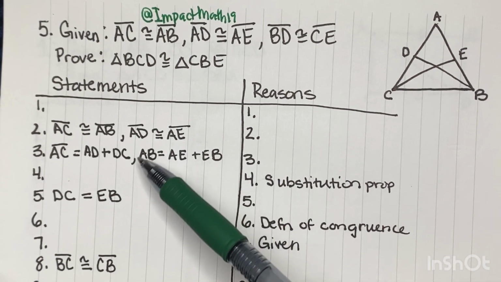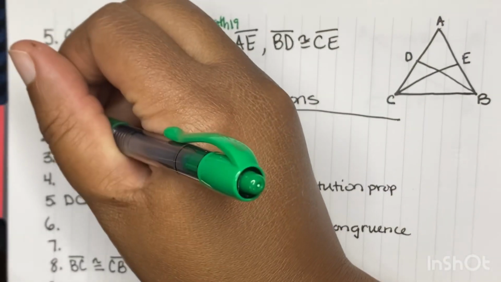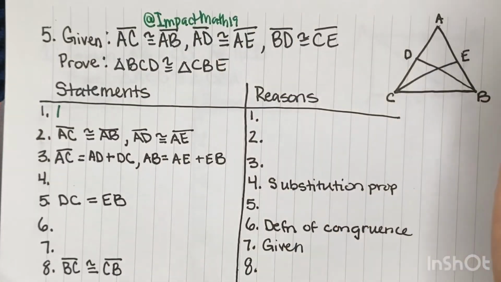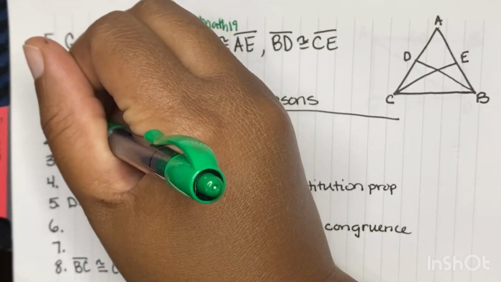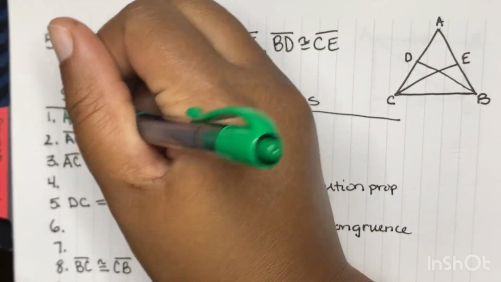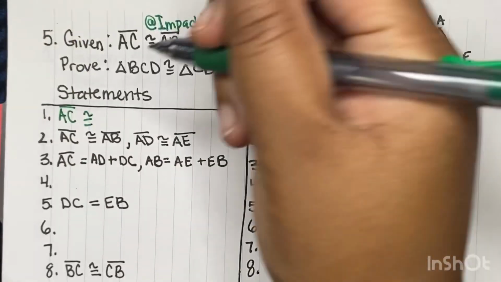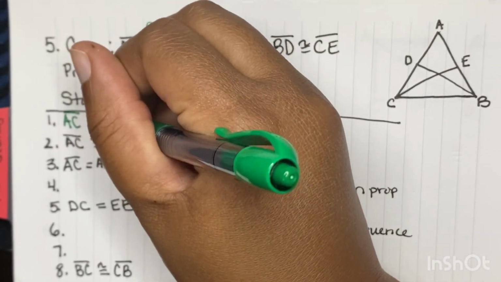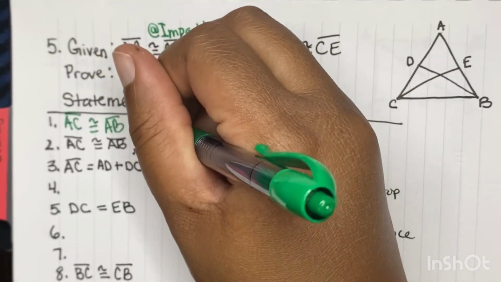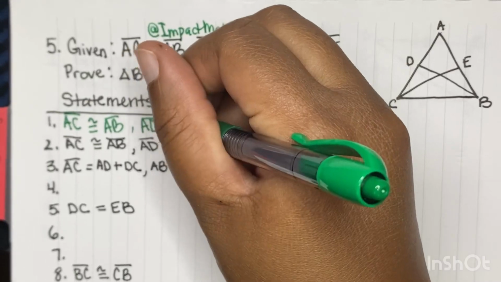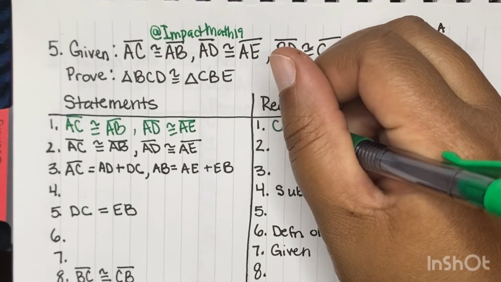So we're going to write AC is congruent to AB and AD is congruent to AE, okay? And that's our given.